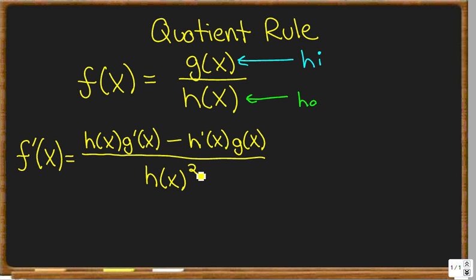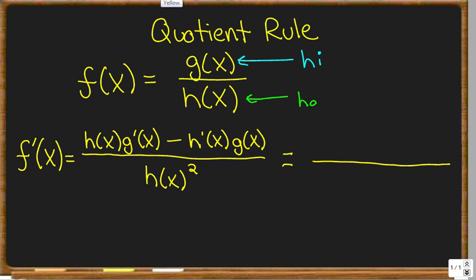Well, we use this little mnemonic I wrote up here at the top. We use this as an aid to help us remember this kind of longer formula. And the way that is going to work is this. We called them high and ho.